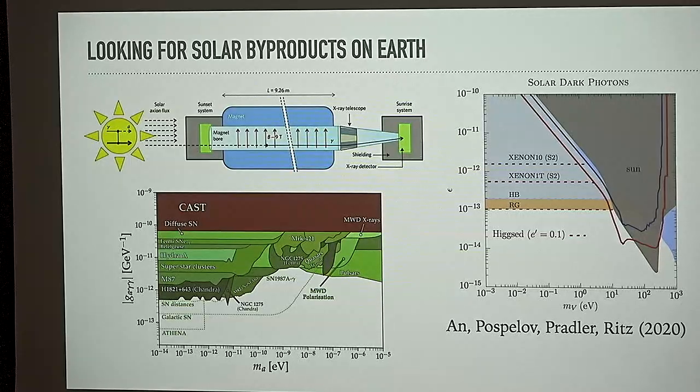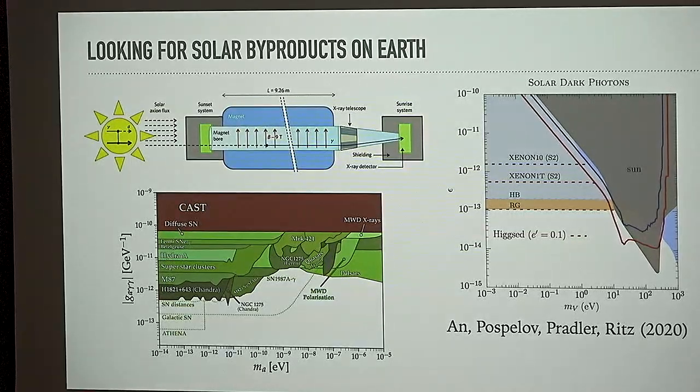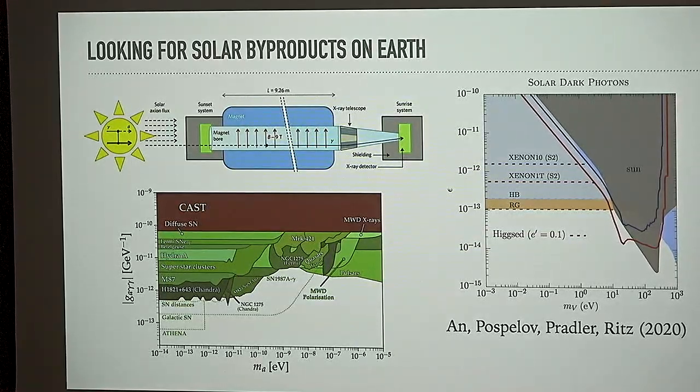All right, coming over here, this is a related idea. These folks were looking for dark photons coming from the sun. So again, same idea. You have some process in the sun making dark photons. The dark photons come out. And given the kind of energy thresholds that are relevant for experiments like Xenon 110, which are looking for dark matter, if you have a dark photon coming into your lab with keV scale energies, these kinds of experiments can actually absorb those dark photons.